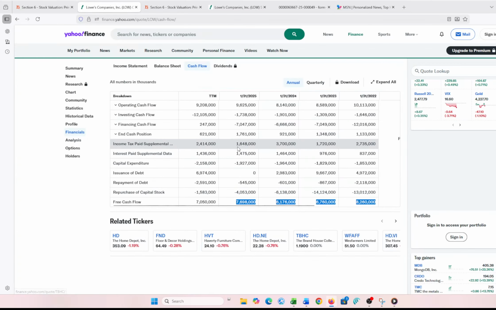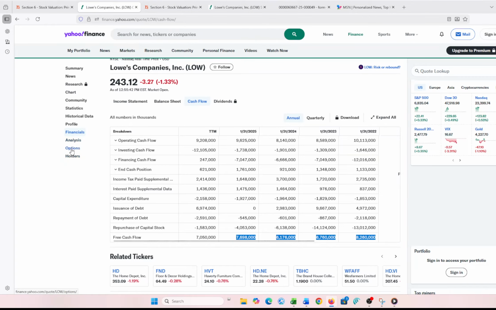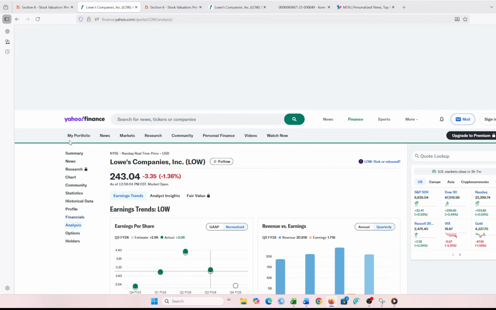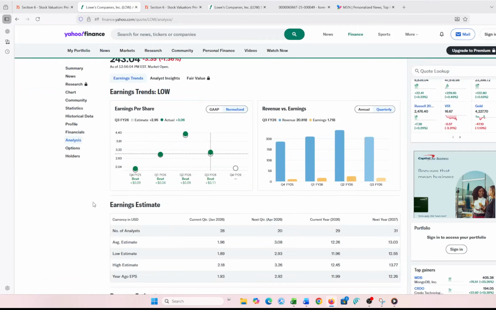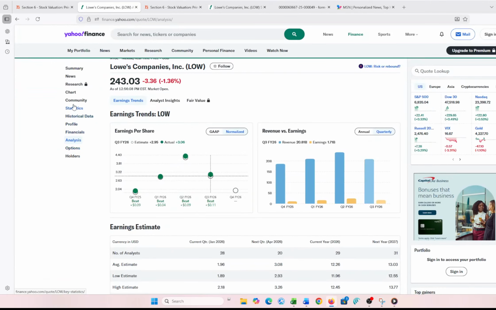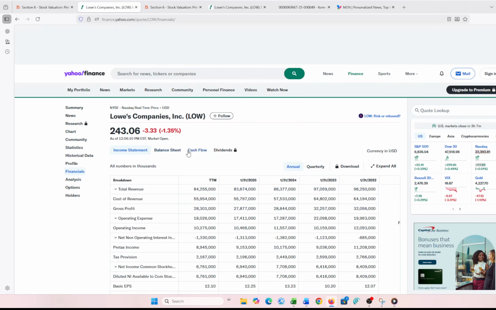So let's go to Yahoo Finance. And again, whatever you use, I want to see the proof in it. So let's go to financials. Shares outstanding might be on the balance sheet, right?